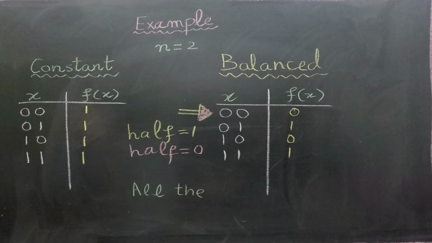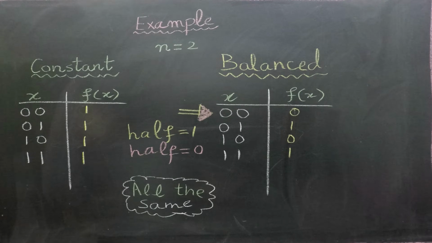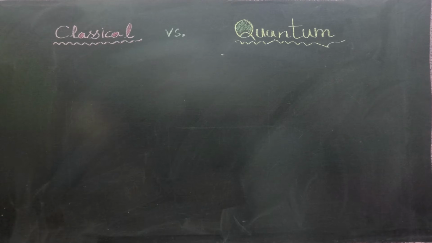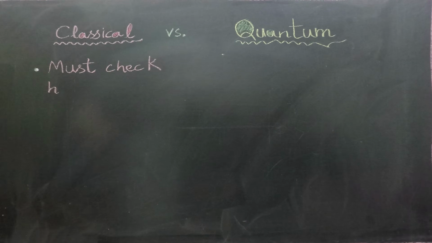Thus, when half of the inputs are the same, the function is balanced, whereas for a function to be considered constant, all inputs must produce the same output. How can we solve this stated problem using classical computers? Well, on a classical computer, we must examine one more than half of the total inputs.